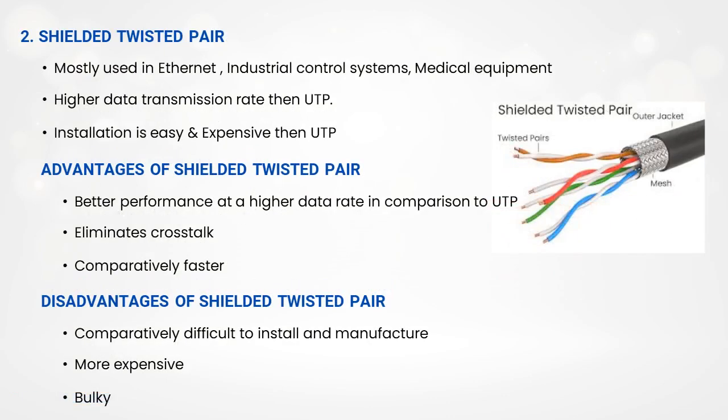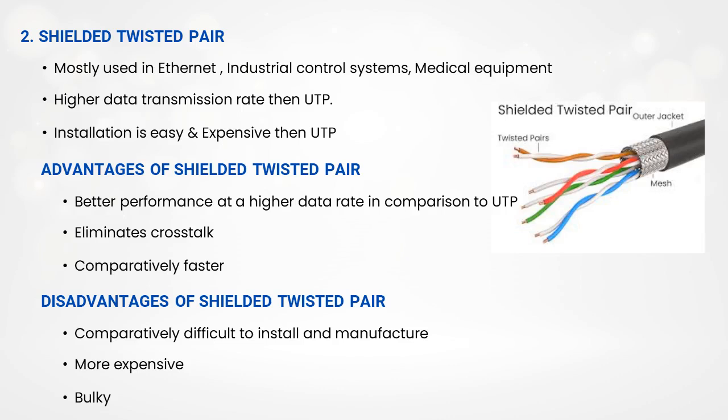The second type of twisted pair cable is shielded twisted pair. Shielded twisted pair cable is a type of twisted pair cable with an extra shielding layer around the wires to protect signals from interference.